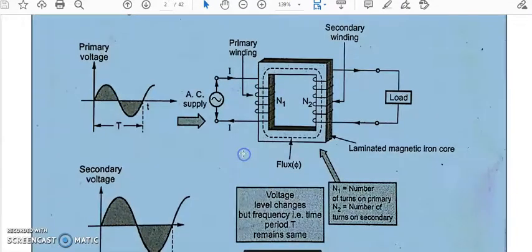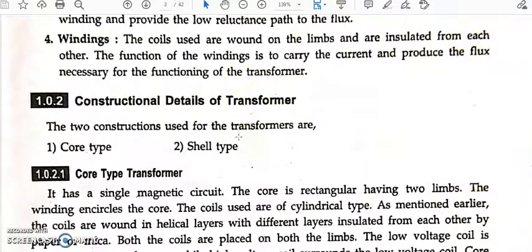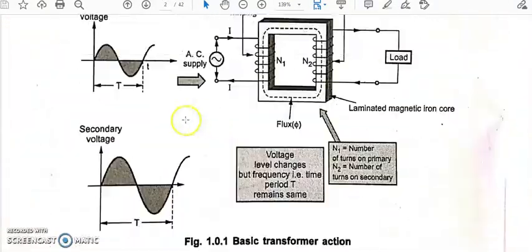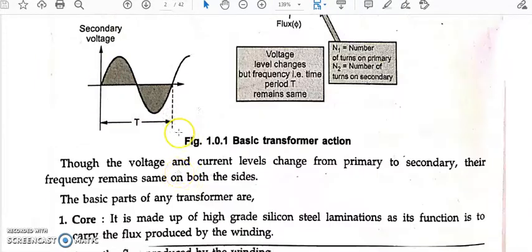So the flux varies from 0 to phi m. Flux here is 0 and flux here is maximum. From 0 to phi m it takes 1/4 of the cycle, or T by 4, where T is the total time of one full cycle. So at T by 4 the flux is maximum.